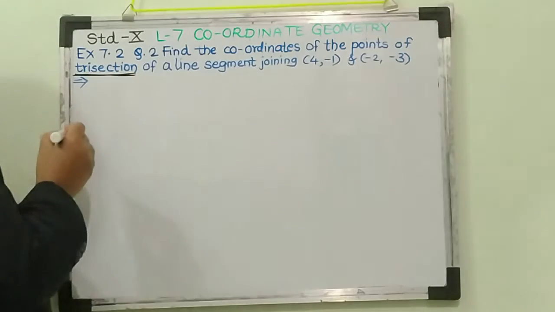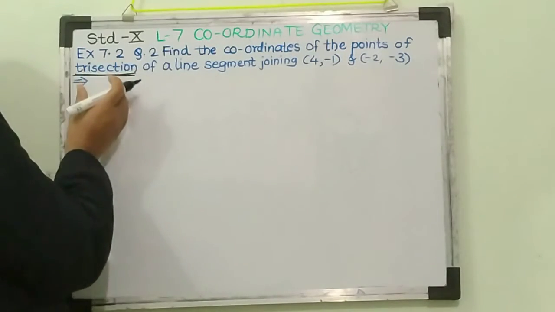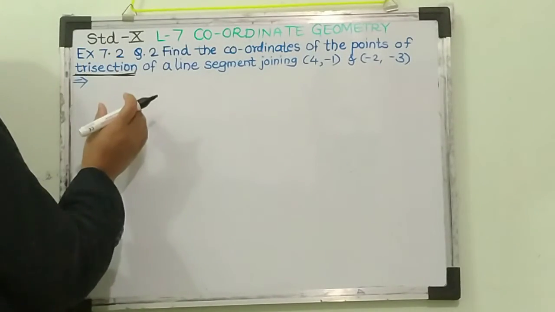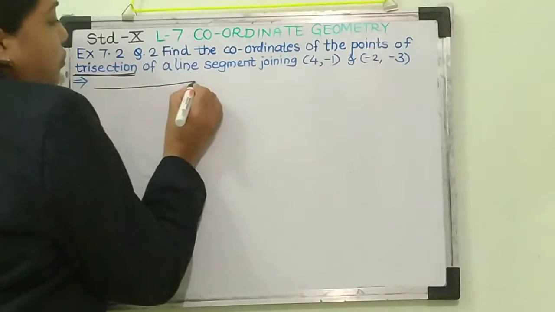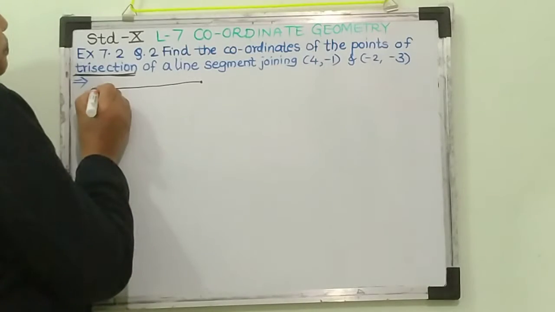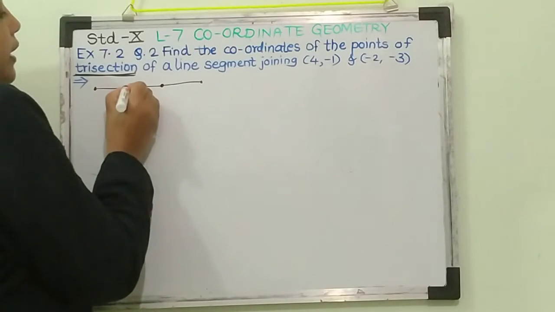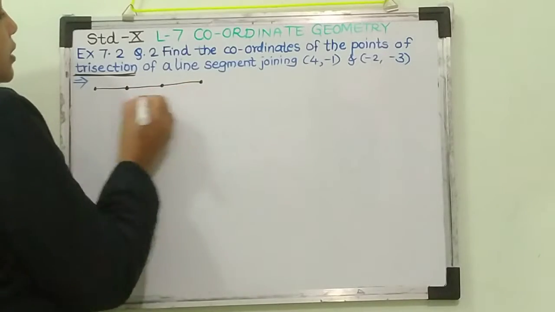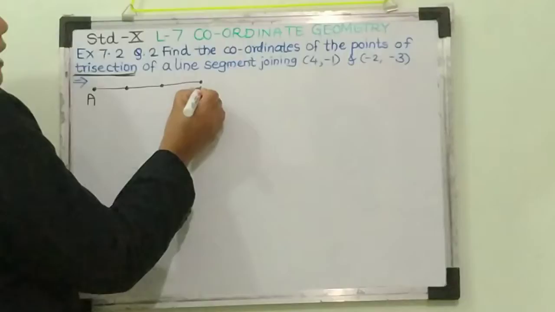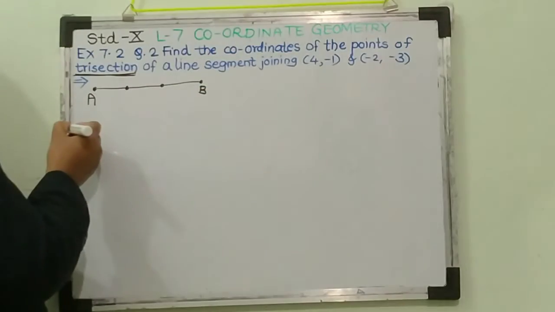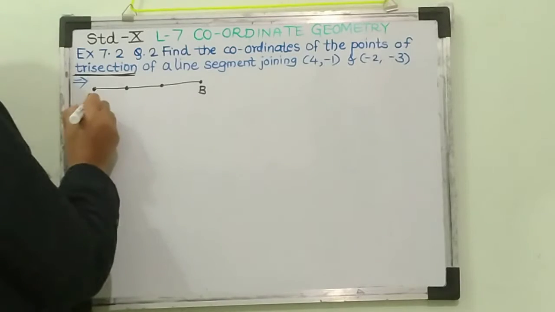Trisection means the line segment is divided into 3 sections. So first we draw a figure which shows the given line segment divided into trisection. Here I take a line segment AB.